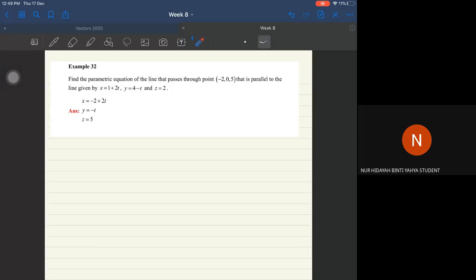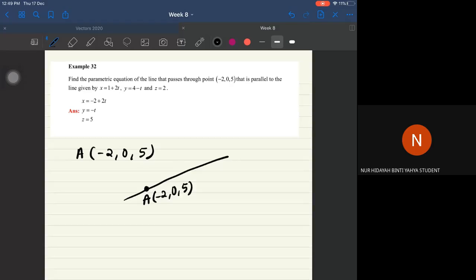So, point awak adalah, let's say saya buat point tu as point A. So, point A awak adalah negatif 2, 0, 5. Kalau lah you ada line, so this is your point A. Contoh, negatif 2, 0, 5. And dia kata parallel to the line.